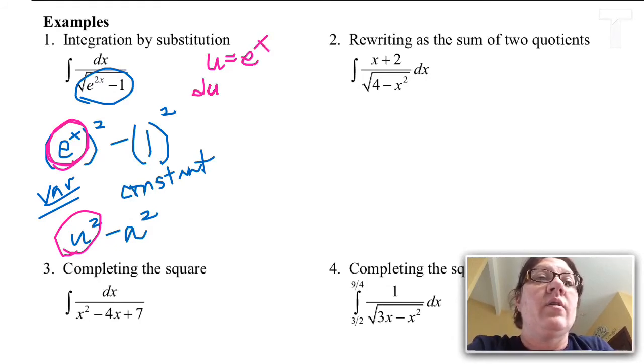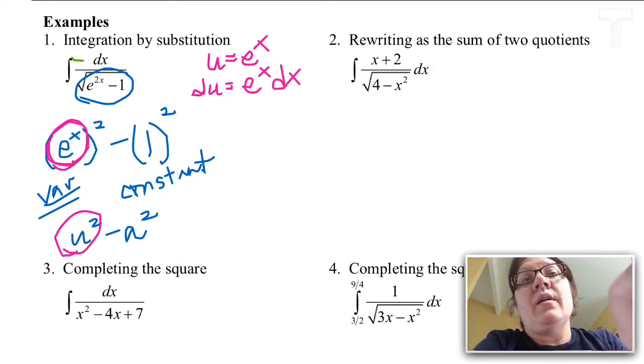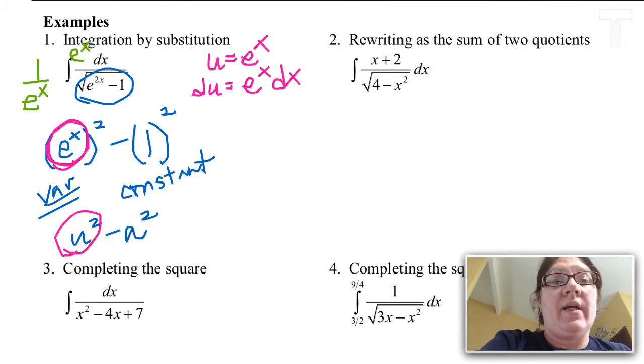And then consequently my du is e to the x dx. Which gets a little tricky on this problem because I don't have an e to the x in here with the dx. And I can't divide by it because I don't know what x is.